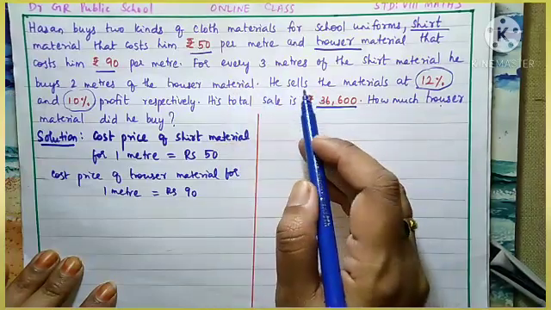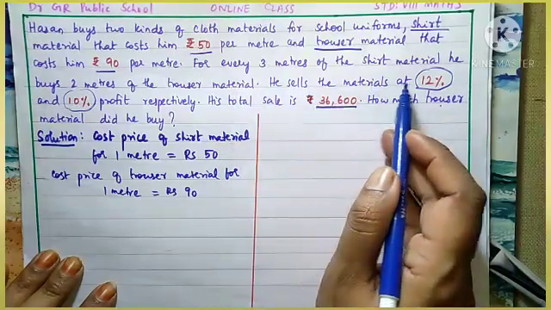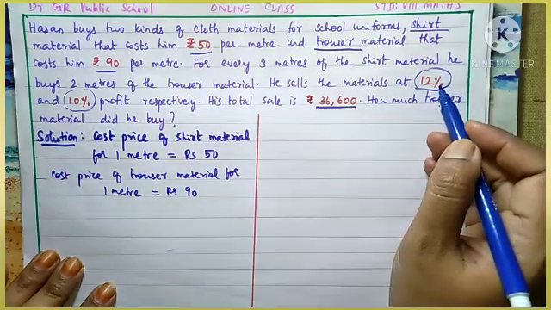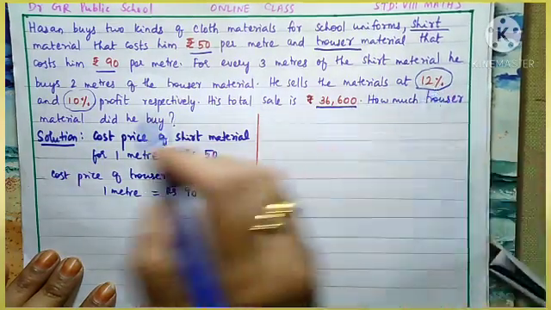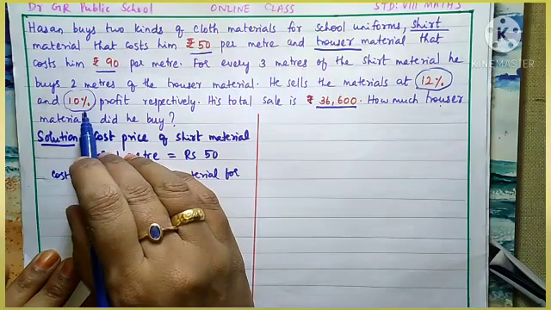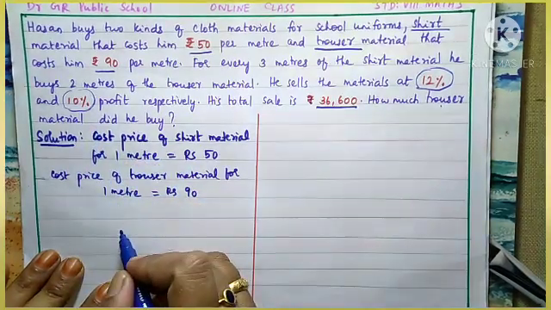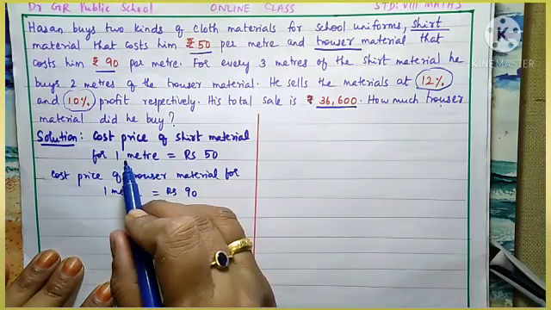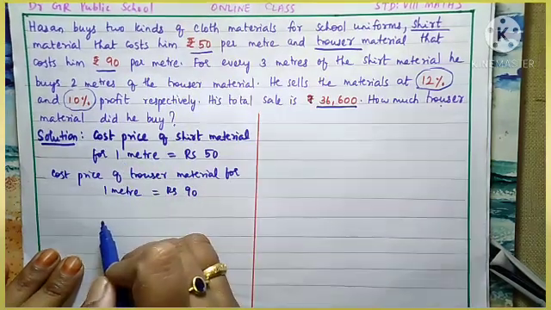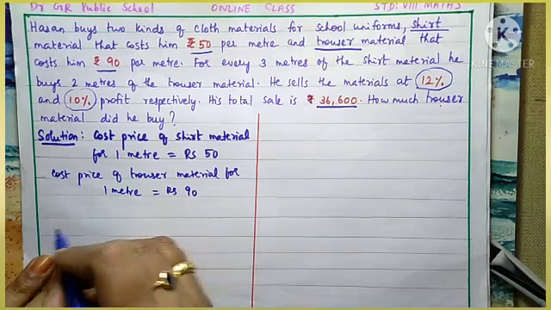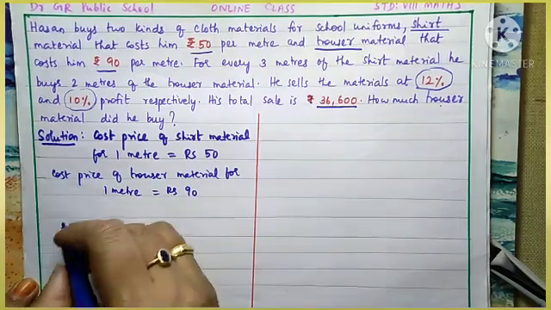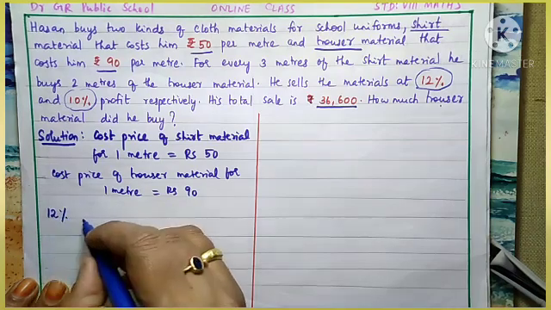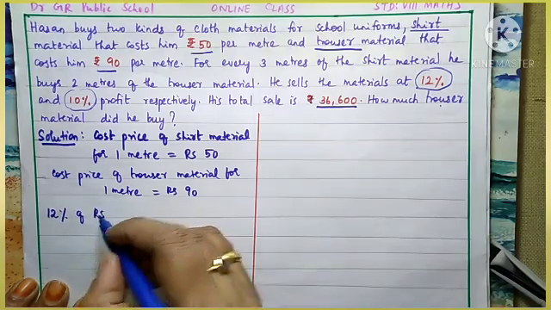Now see here, he sells the materials at 12% and 10% profit. So 12% profit he is getting for shirt and 10% profit for trouser. Now let us calculate. For 1 meter we wrote the cost prices, so for 1 meter how much profit is he getting? We can calculate 12% of rupees 50.